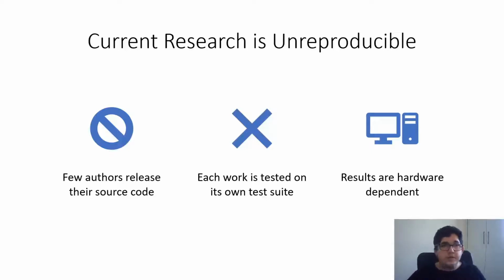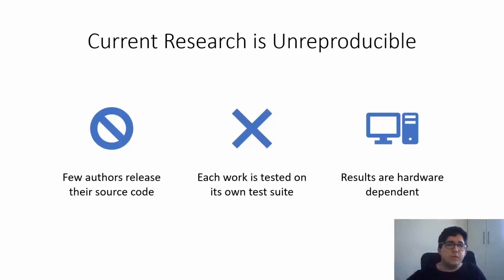And I'm pretty sure I'm not the only one in this audience that has done that. I'm pretty sure many of you can relate to this, that you once in your career had to survey the state of the art for what's open and what's available for you to use, and try to find inspiration on how to test your work, and try to find if someone released how they did their tests, and in the end run everything yourself.